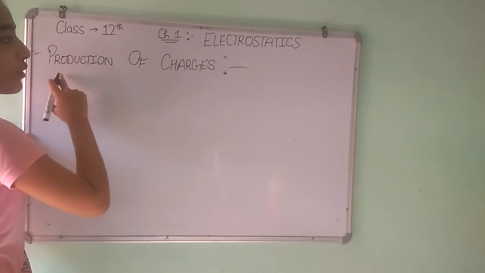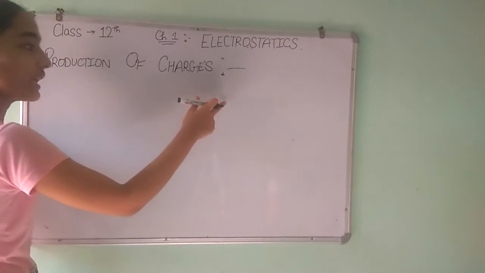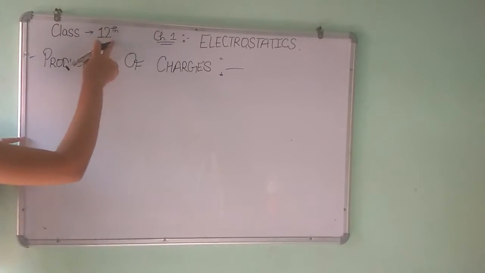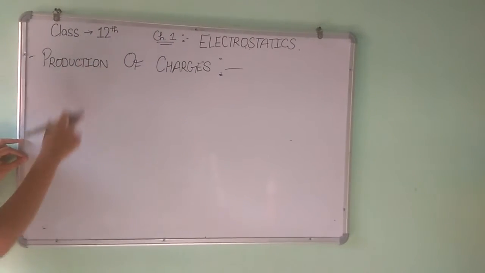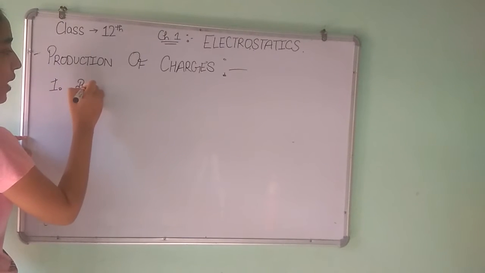Now we will learn about the production of these charges. Either these are positive charge or negative charge, and in our standard we shall learn three methods of production of charges, and the first method is by rubbing.